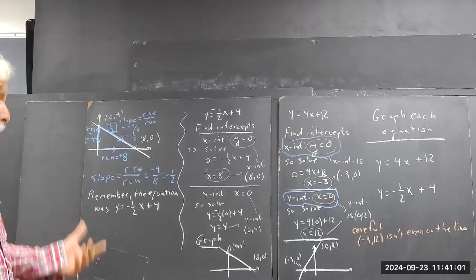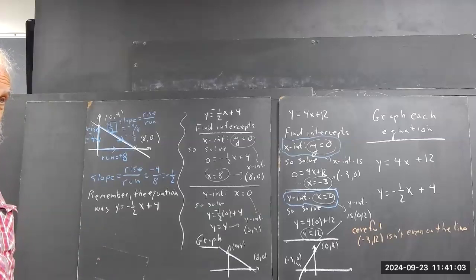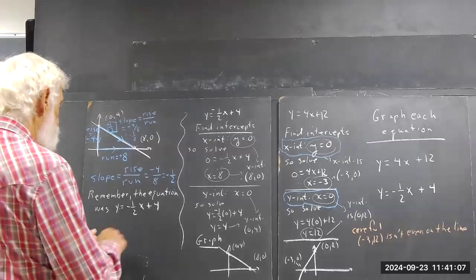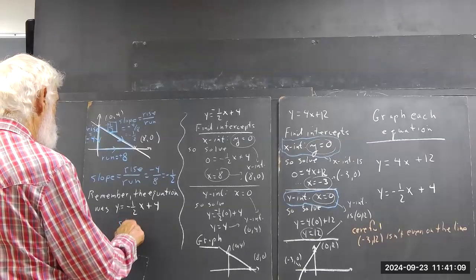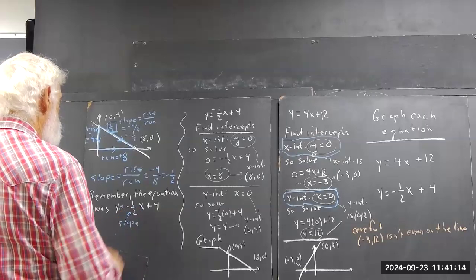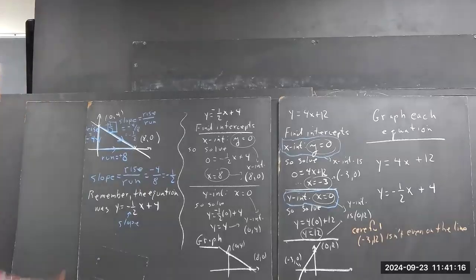Do you see the slope anywhere in that equation? Yes. Right here is the slope. And what's 4? See 4 anywhere in that graph? The y here.